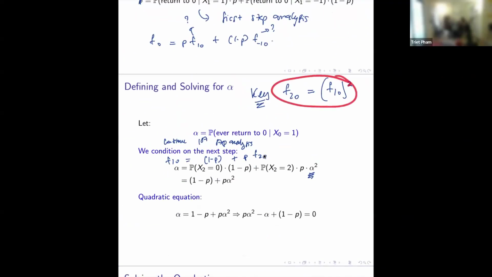But can anyone explain to me why f20 is f10 squared? At least do you understand the spirit of the argument?